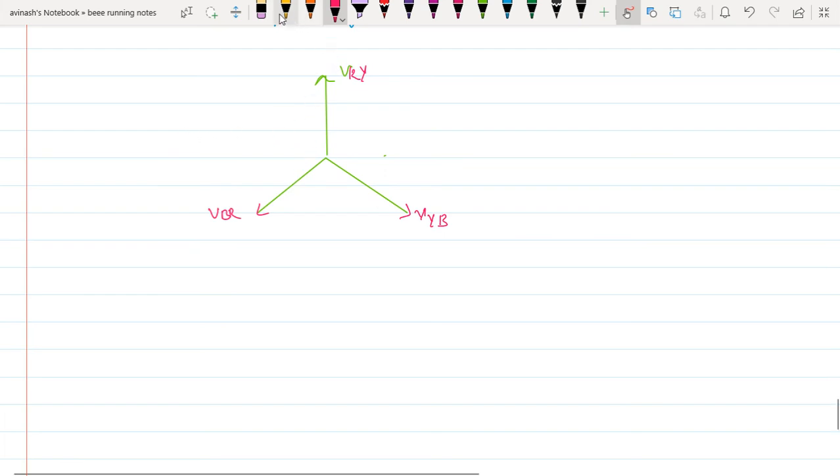So this is one type of phasor diagram. If you don't understand this, let me change it to another mode.